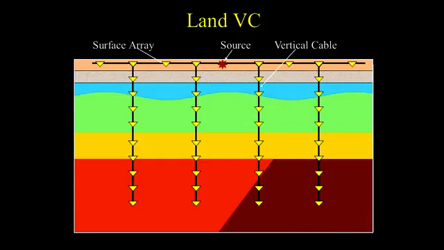Now, let's talk about vertical acquisition cables inland. The acquisition style of vertical cables lends itself to overcoming many of the problems associated with surface land seismics. The very nature of land seismics implies the ability to use a 3-component source and record multi-component data.